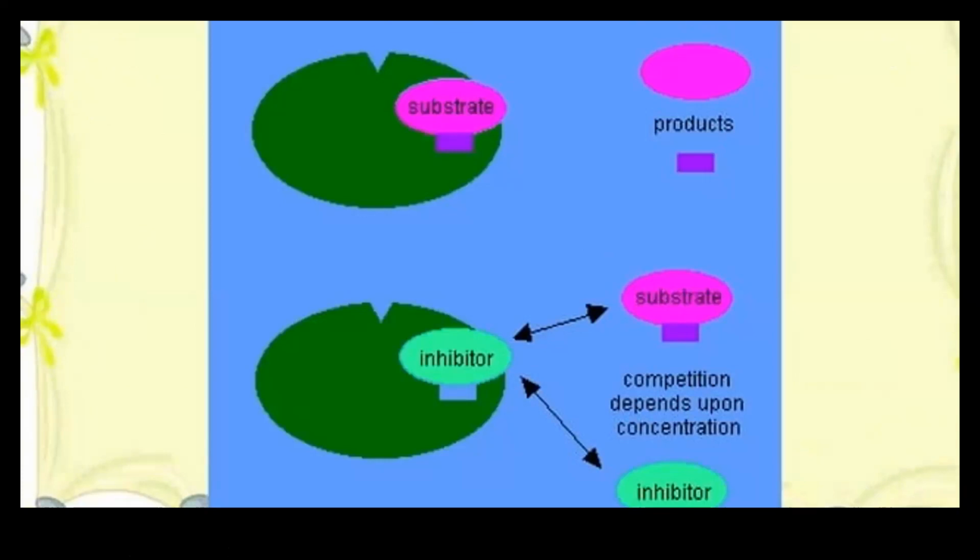If we are talking about the competitive or equilibrium type, the drug, being structurally similar, competes with the normal substrate for the catalytic binding site of the enzyme. We know that an enzyme has two sites: one is the catalytic binding site, which is called the active site, and another is the allosteric site. So the drug, being structurally similar, competes with the normal substrate for the catalytic binding site of the enzyme so that the product is not formed, which is shown in this figure.